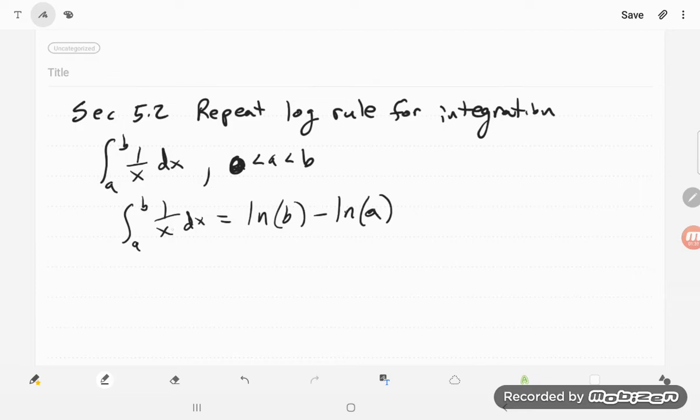That's just the antiderivative of 1 over x, where x is positive, because I know x is positive because of the a and b there.